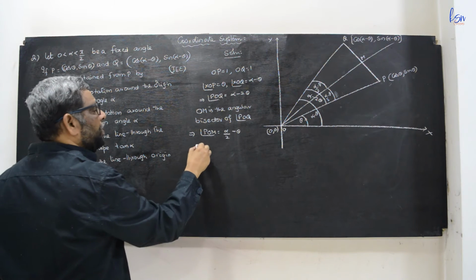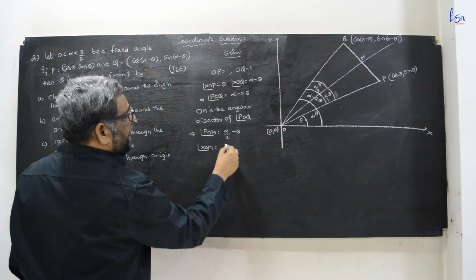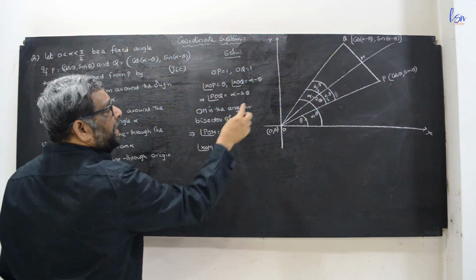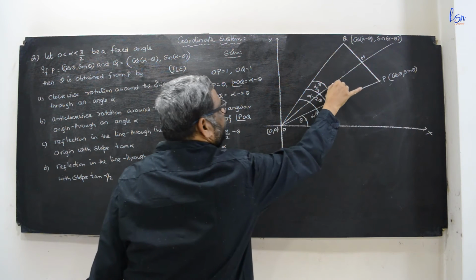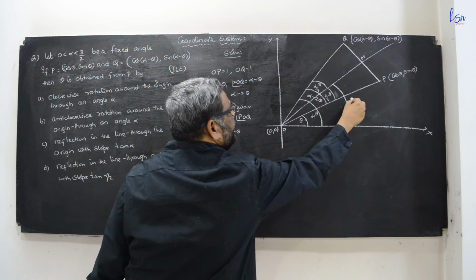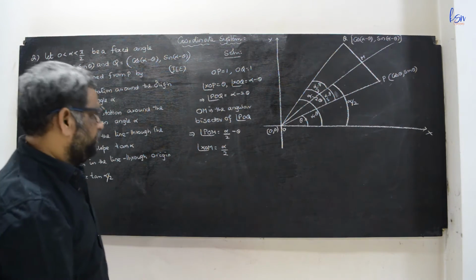So angle XOM is equal to alpha by 2 minus theta plus theta. So this complete angle is alpha by 2. Angle XOM is alpha by 2.